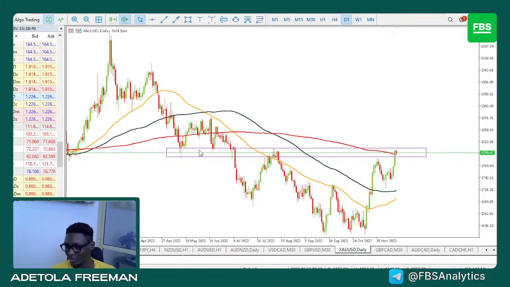You can see here that it was a demand zone that turned into a supply, which means that this is a pivot zone. But at this point, it is expected to also act as a supply zone in the sense that we're seeing that pivot zone. We're also seeing the 200 moving average acting as a confirmation of resistance.